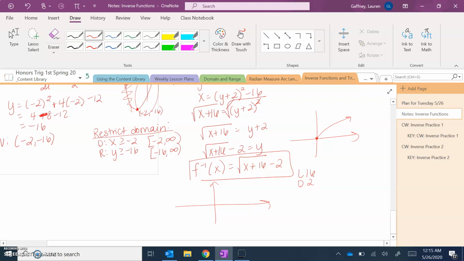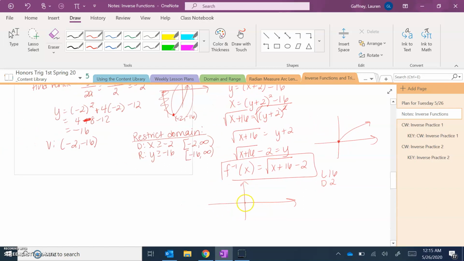Think about transformations and what we've been doing here. So once again, super rough sketch. So left 16 down 2 would look something like this. The other one looked something like this, negative 2, negative 16. Not the best sketch, but they are symmetric around that line y equals x.